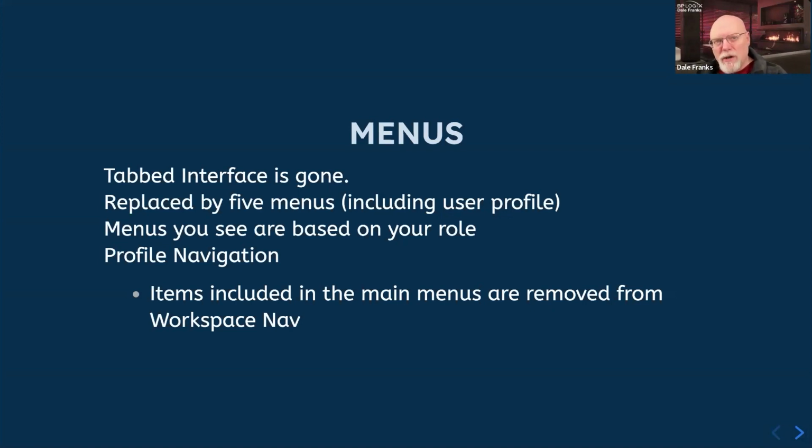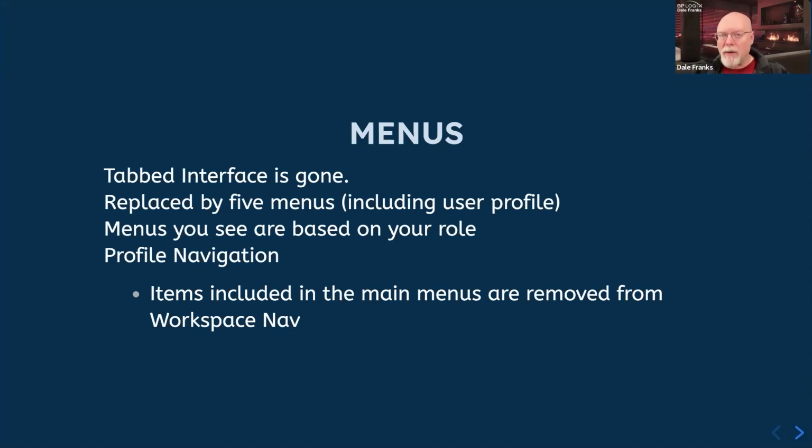There is a change to the workspace navigation, which is that if you have some items in the navigation bar for your workspace that are part of the main menu section now, like the ability to access IT admin or metadata admin, those no longer appear in the navigation bar for the workspace.